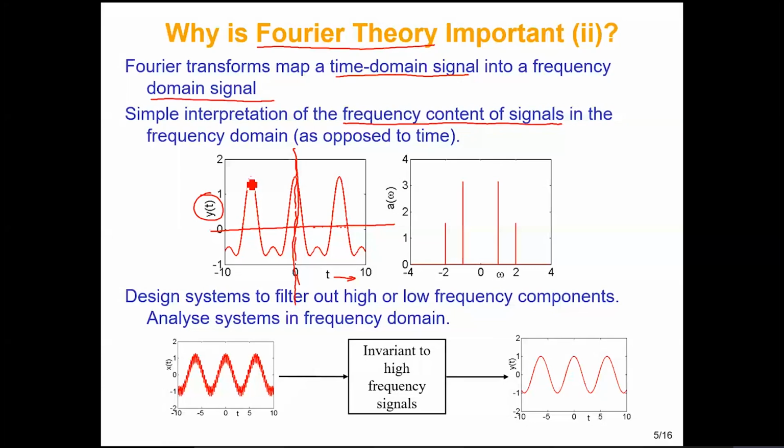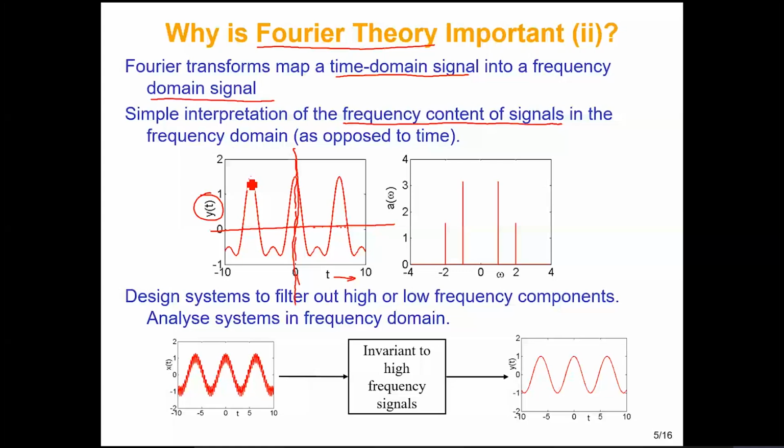Just looking at the time domain plot doesn't tell us that. So if we take the Fourier transform and transform from the time domain into the frequency domain, where omega is the frequency, then we can plot the same signal in the frequency domain where the independent variable is omega.